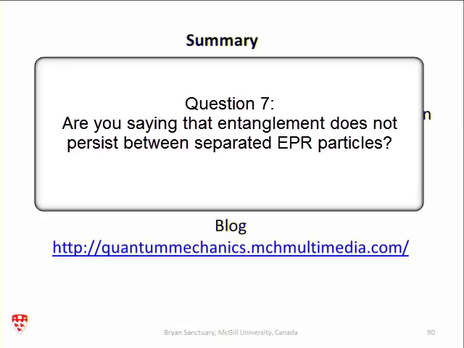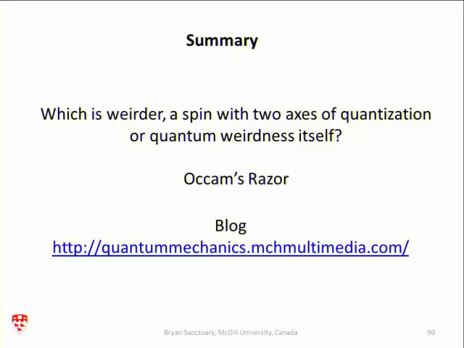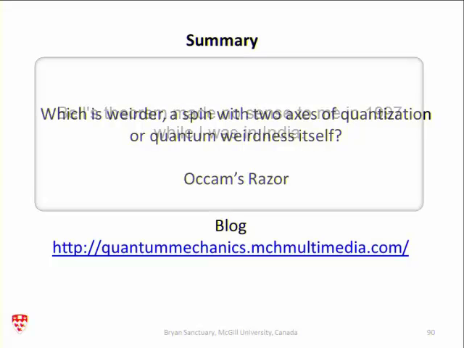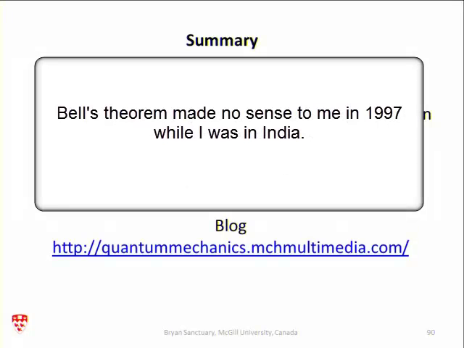I'm saying they're not. It was 1997, and I was in India, and I was moonstruck. Actually, it was a side effect from my malaria pills. I started to read about quantum computing, and I got into Bell's theorem, and I said, it makes no sense. How can entanglement hold across space-like separations, to different light cones?